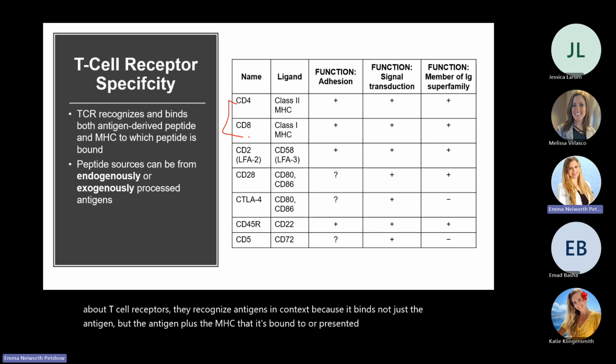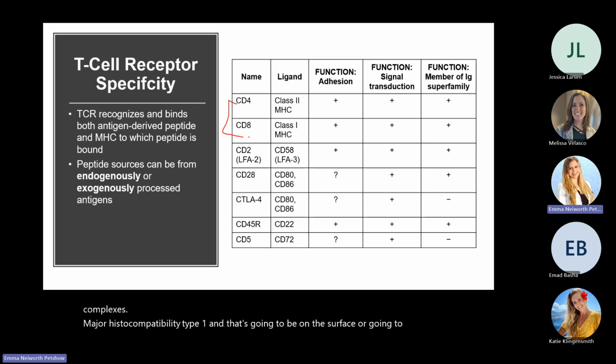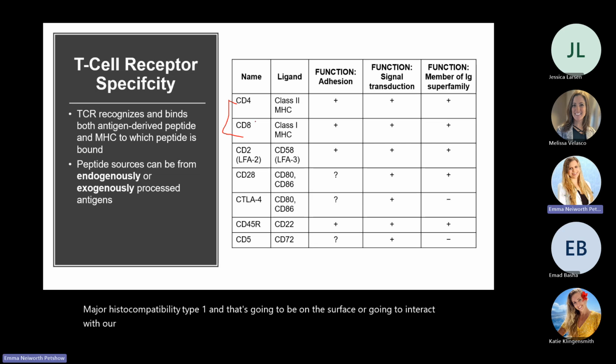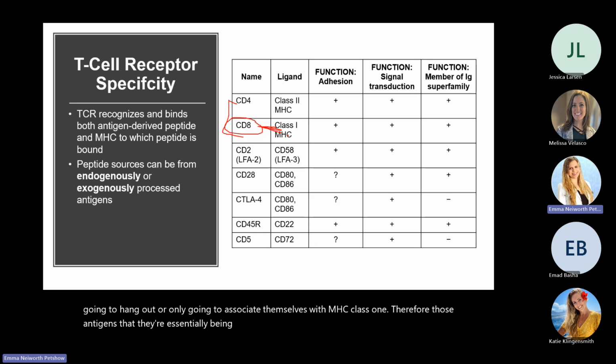Our endogenous, intracellular peptides are going to be presented via MHC class 1, major histocompatibility type 1, and that's going to interact with our CD8 T cells. Our CD8 T cells, our cytotoxic T cells, are only going to associate themselves with MHC class 1. Therefore, the antigens they're exposed to are going to be intracellular or endogenous antigens.